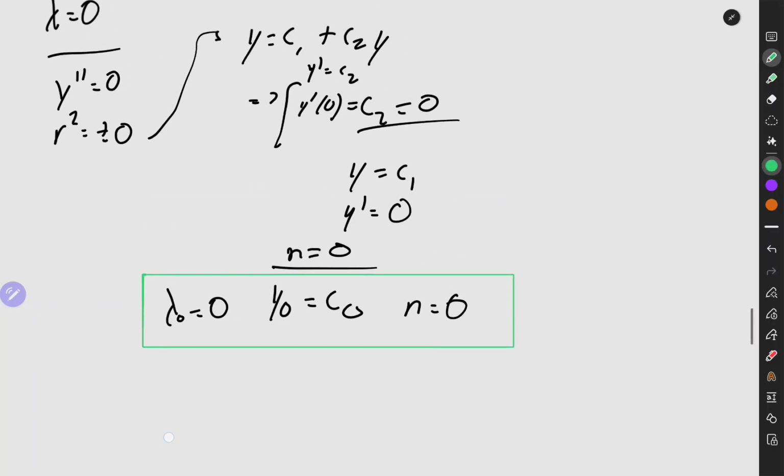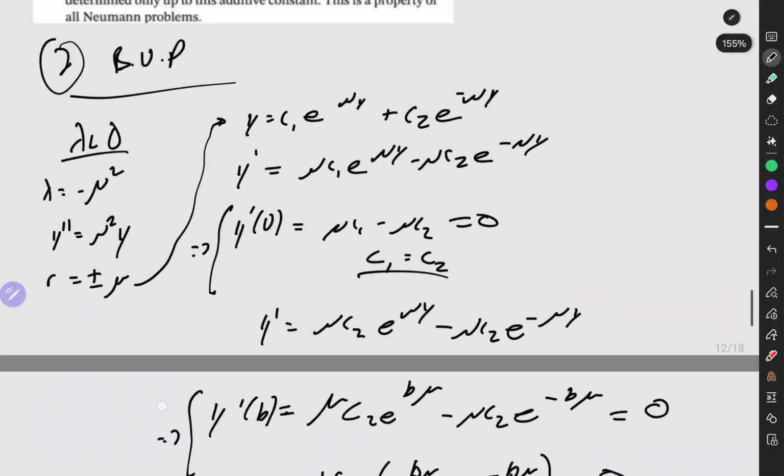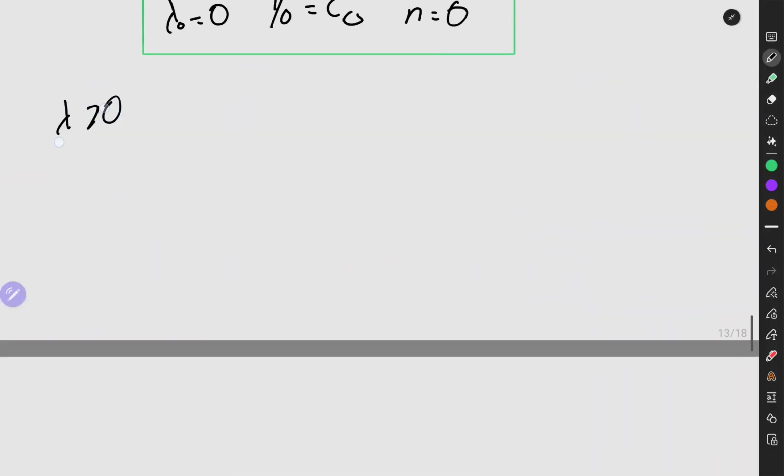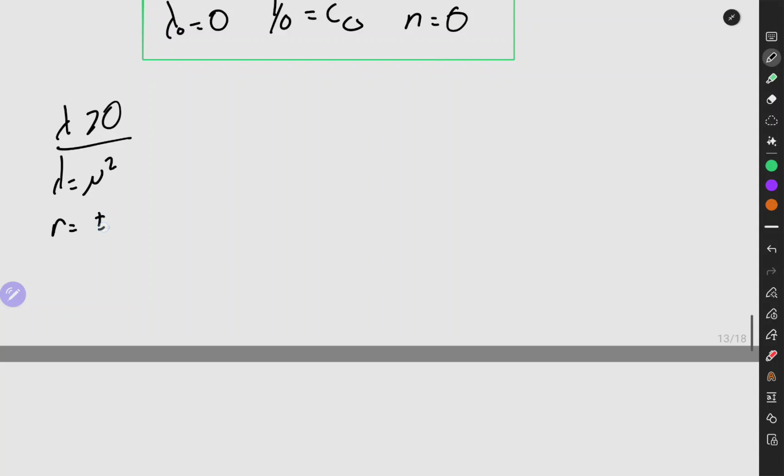Now we have one case left, greater than. For this case, we have lambda equals mu squared. So then r is going to be plus minus mu i, right? So this is the imaginary case.